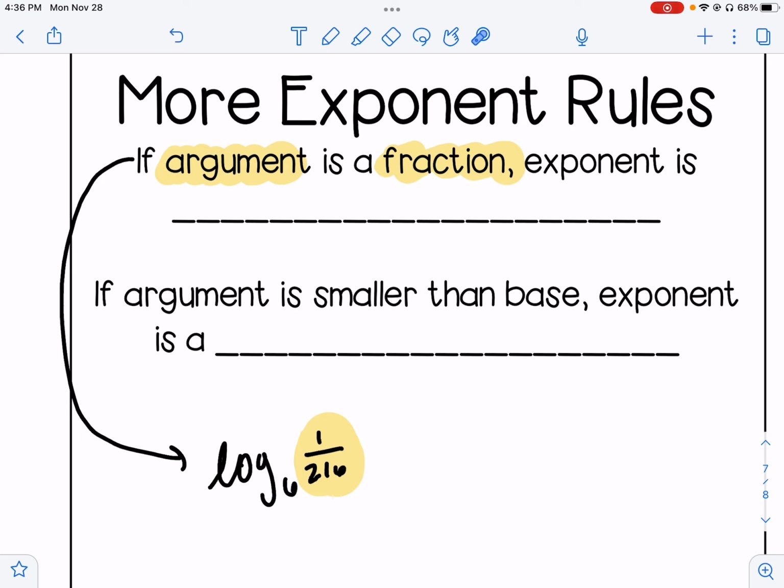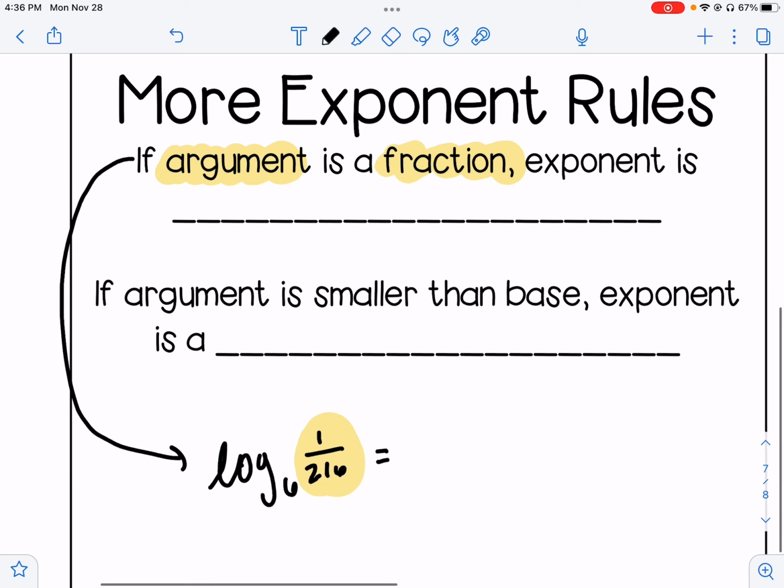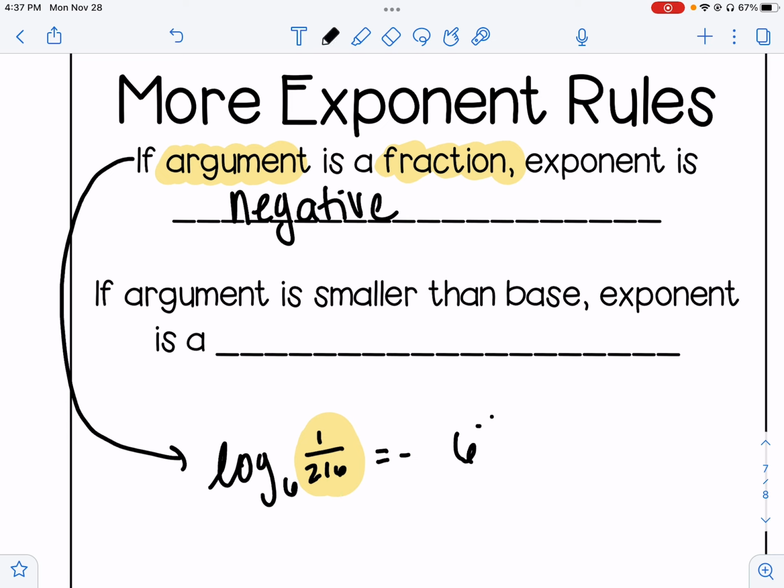So if our base is a whole number and our argument is a fraction, what do we know is true about the exponent? Well, we know that in order to make a whole number into a fraction, our exponent originally had to be negative. So that is another one of our tips and tricks to keep in mind. If your argument is a fraction, then you know that originally your exponent had to be negative.